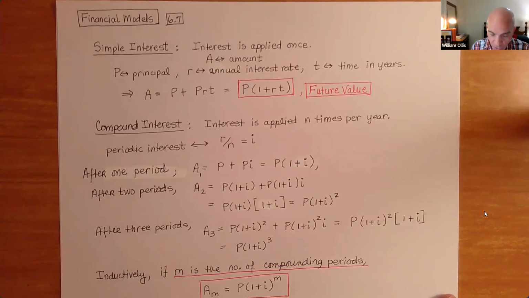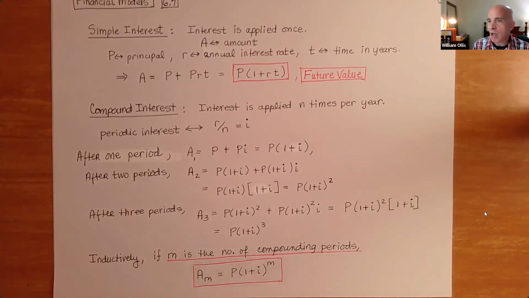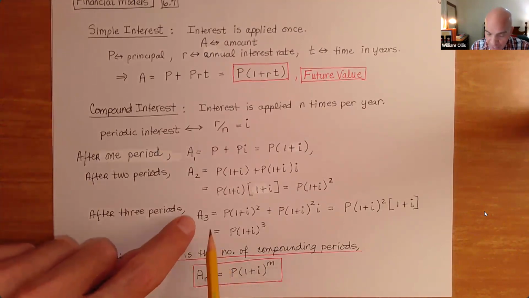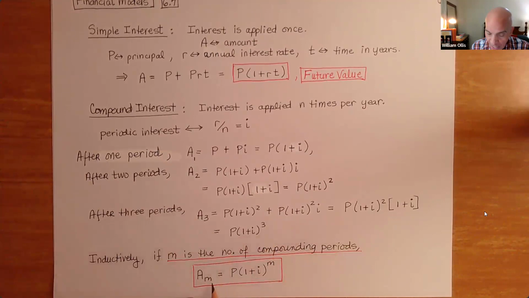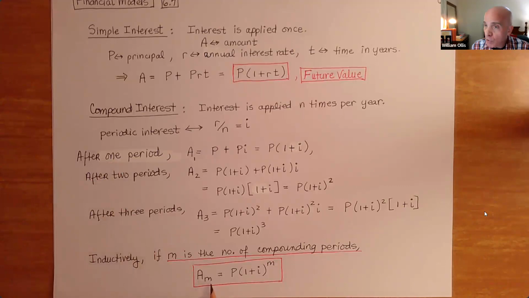But now what we can do, as I've said here, inductively, if we take M to be the number of compounding periods, say we just compound for a certain number of times, then using this pattern, we would say after M compoundings, that is M periods of compoundings, we get P times 1 plus I to the M. So that's a very convenient way of keeping up with the amount, because it corresponds to the number of compoundings or number of periods.